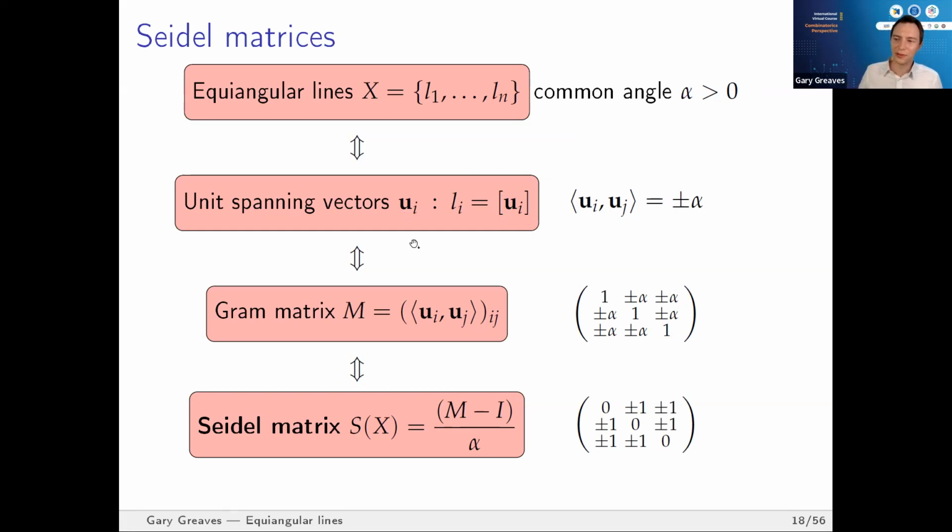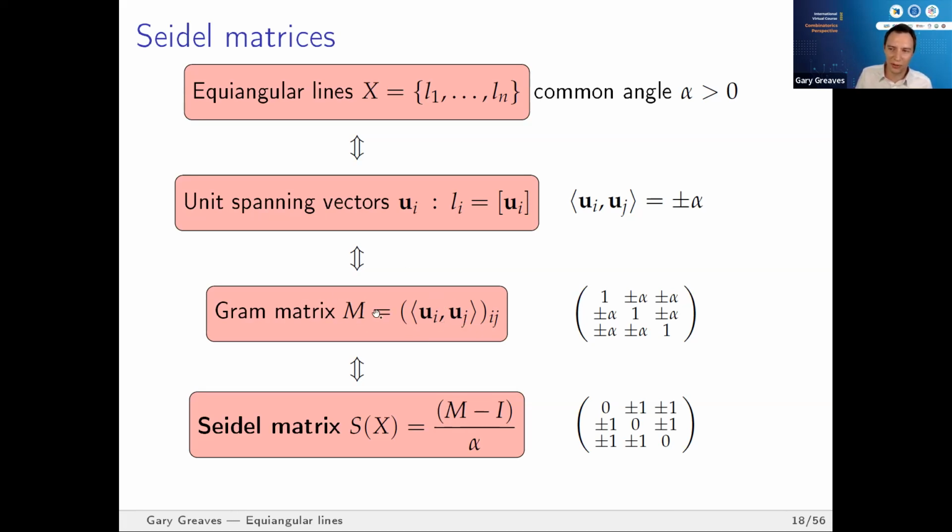Okay, so we have a bunch of vectors. Now we can take the Gram matrix of our set of vectors, and that's just the matrix of inner products of our vectors. So the ij entry of the Gram matrix is just the inner product of vector i with vector j.